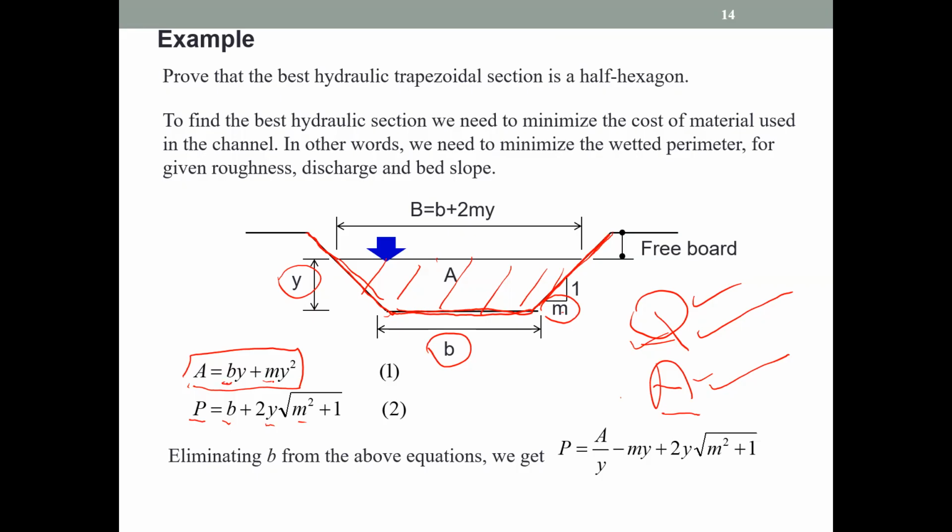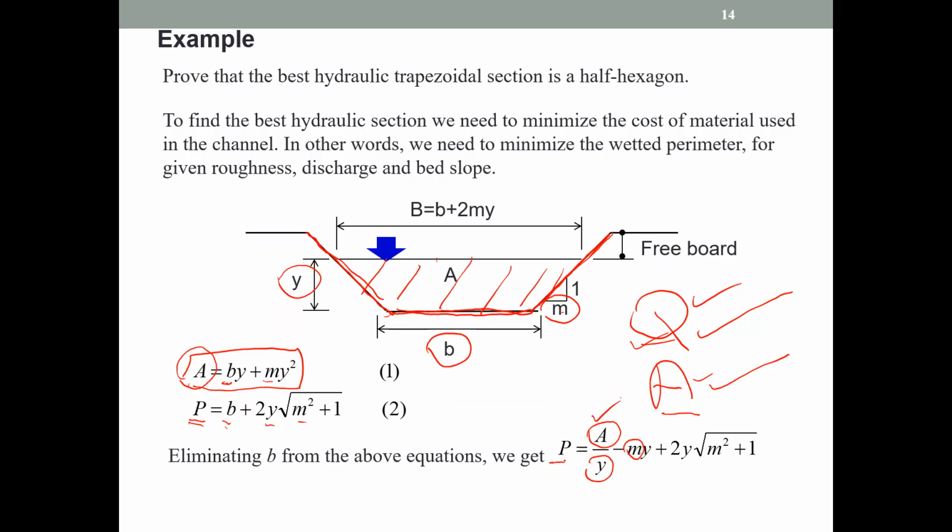What I know is A should be constant. So I will use A as a parameter to reduce the number of variables in my equation. Now I can write this wetted perimeter without b. Instead of b, I use the parameter A. Now it is reduced to two variables, y and m. A is a constant. This is the wetted perimeter.